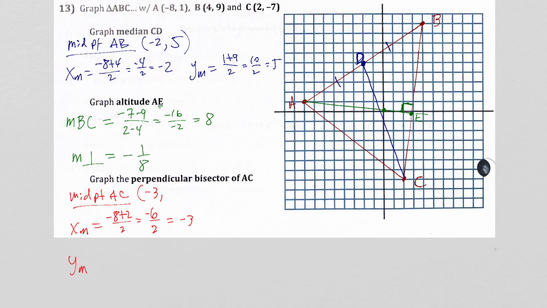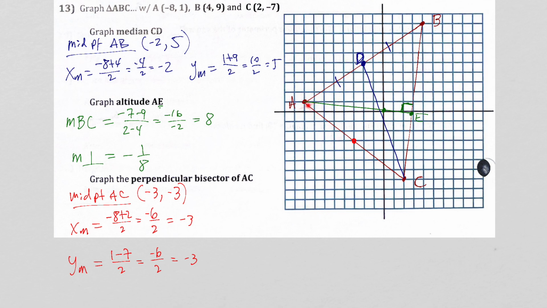The y value of the midpoint is the sum of the y's, 1 plus negative 7, negative 6 over 2, which is also negative 3. So the midpoint is negative 3, negative 3, which is, let's see, 1, 2, 3, 1, 2, 3, that point right there. Now we need to come off at a right angle perpendicular to that.